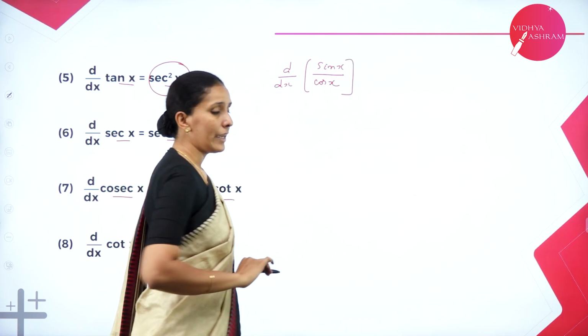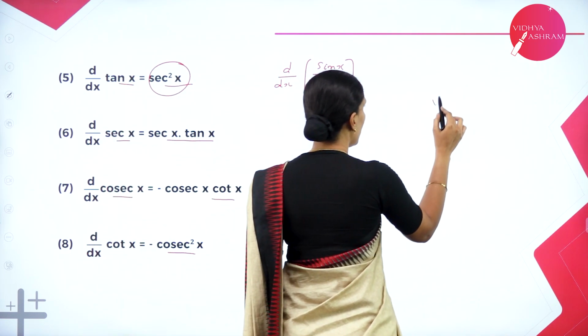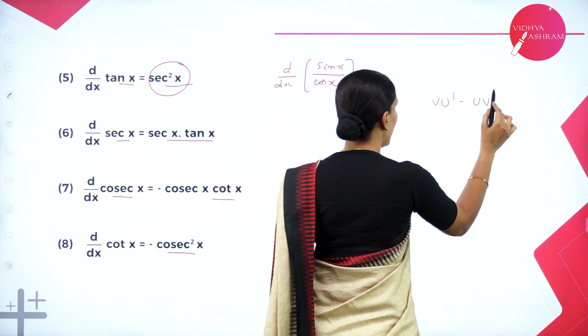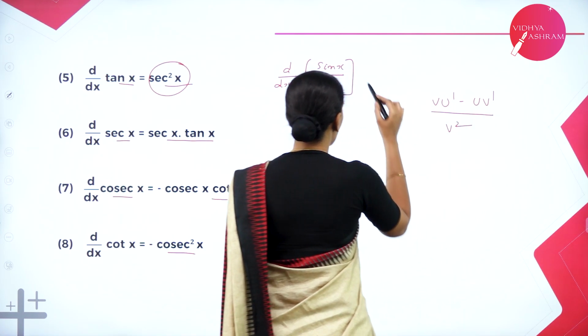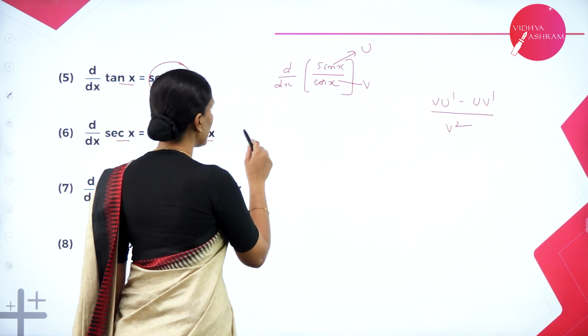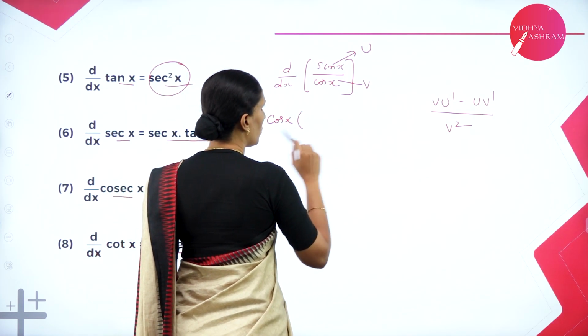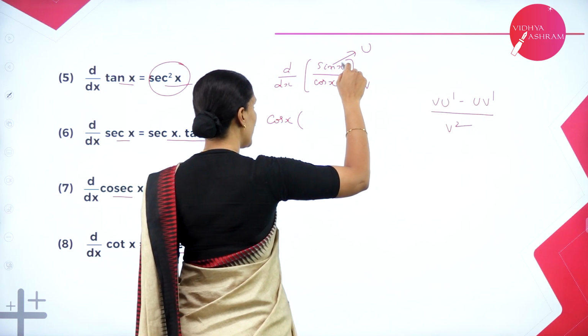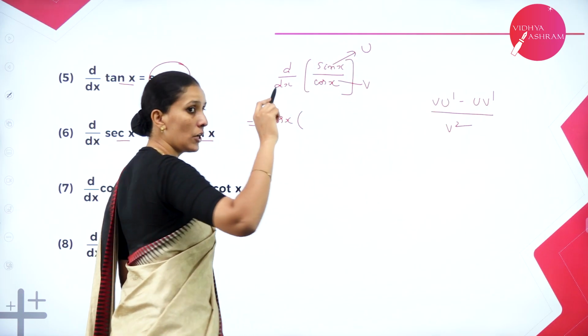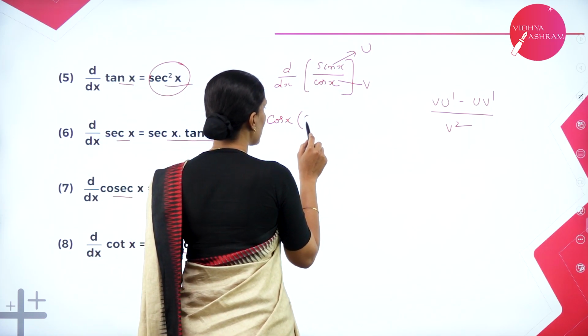So now if I apply the quotient rule here, the quotient rule says v u dash minus u v dash divided by v square. Here this is u and this is v. So applying the standard result here, v, cos x, into u dash. U dash means the derivative of u, and u is sin x. So the derivative of sin x is cos x.